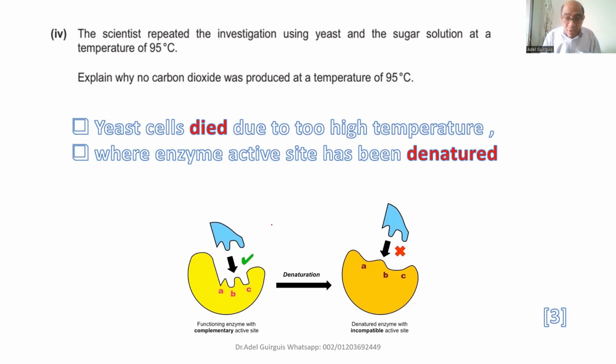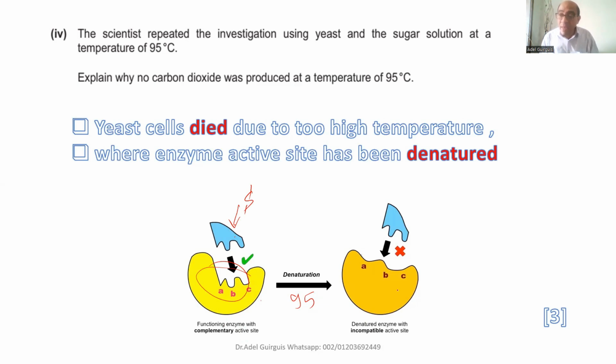What is meant by denatured? Look, this substrate and this active site, the depression or groove, are complementary fit at the optimum temperature of yeast to respire, to use glucose. What would happen to the active site at 95? It becomes flat.